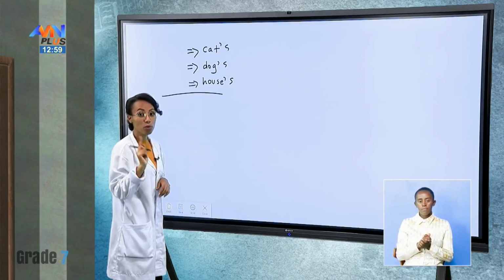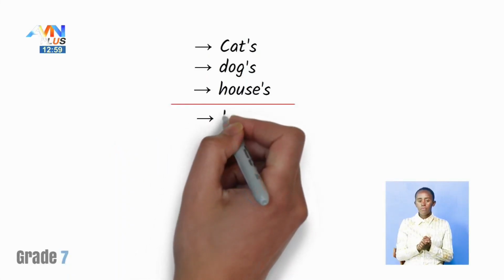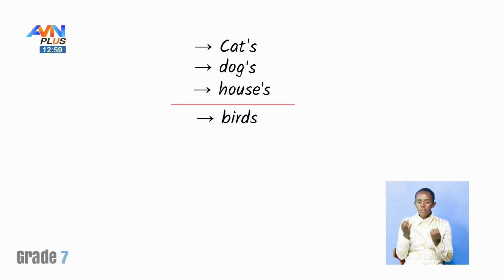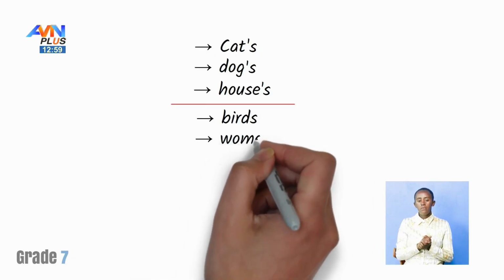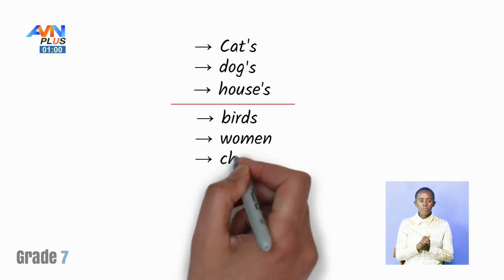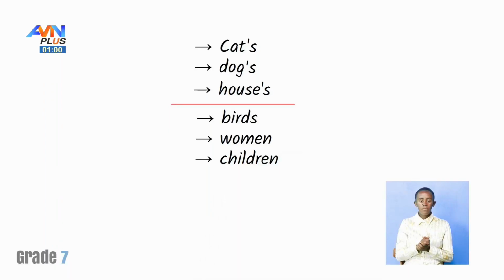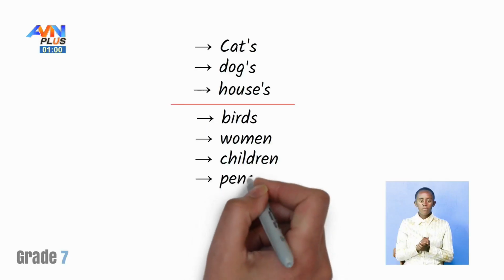This time with plural nouns. Okay. Birds. Women. Children. Children and hens.